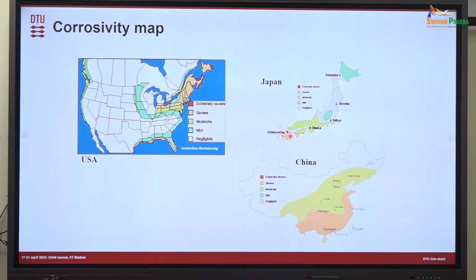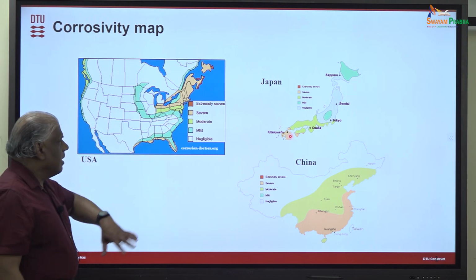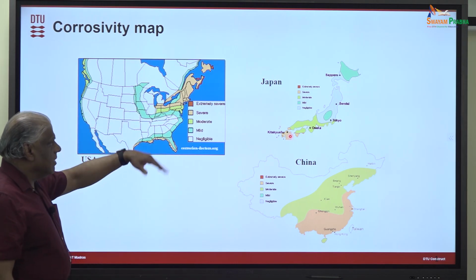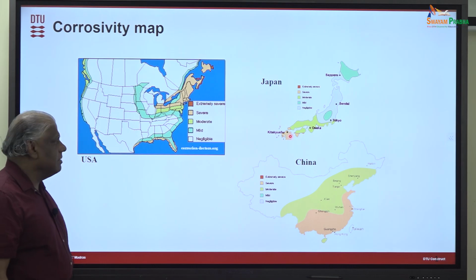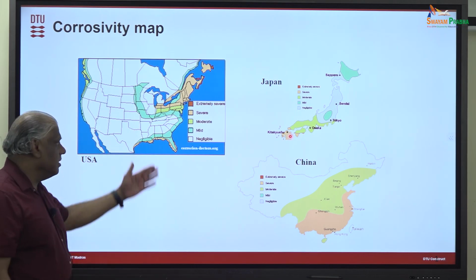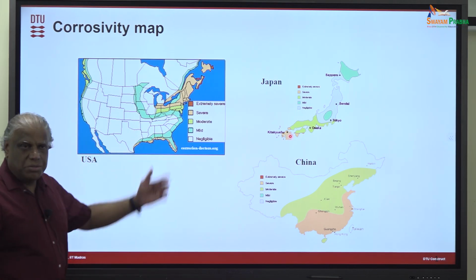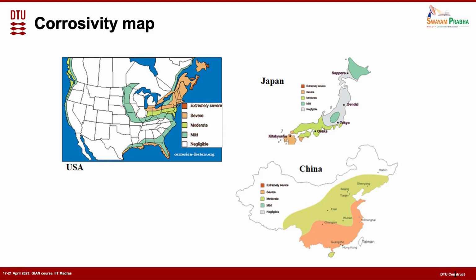This is also a reason that people have made corrosion maps at different places, especially in seaside regions, showing what the corrosion level is. There are corrosion maps for Japan, China, and the US, and they are very useful for companies to develop preventive measures and proactive design.